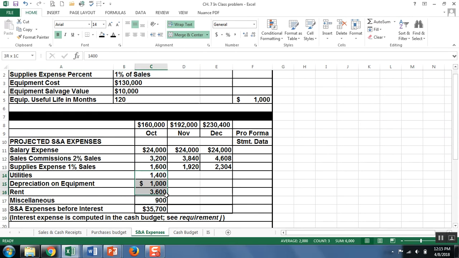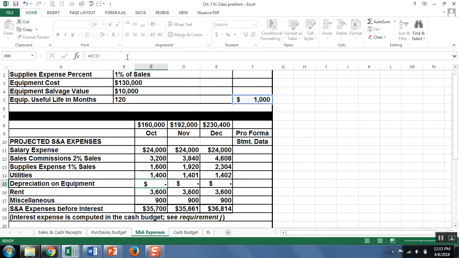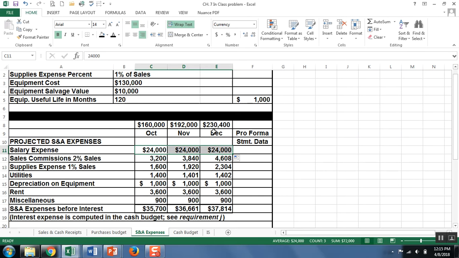And I'm just going to copy these formulas over because it's the same every month. All right, so now we have our total sales and admin expense before interest.